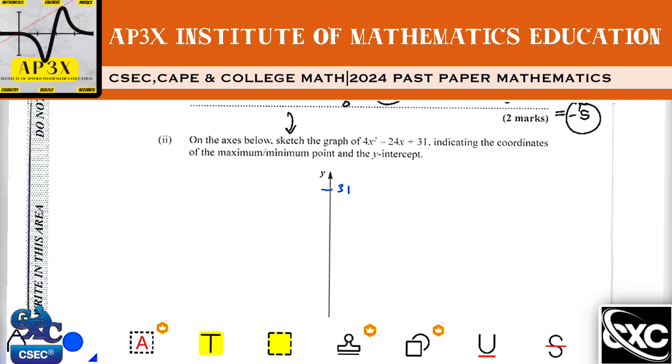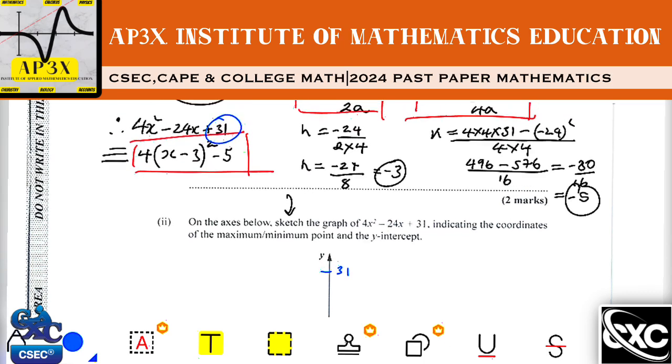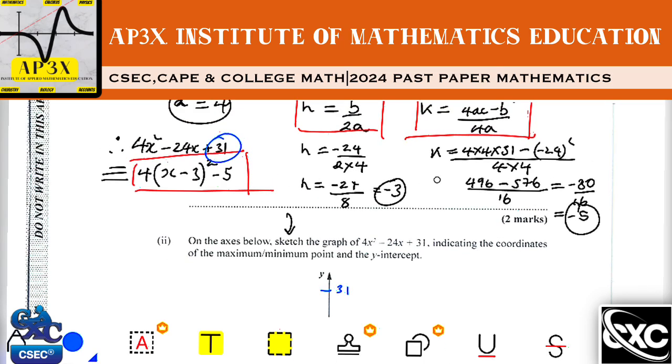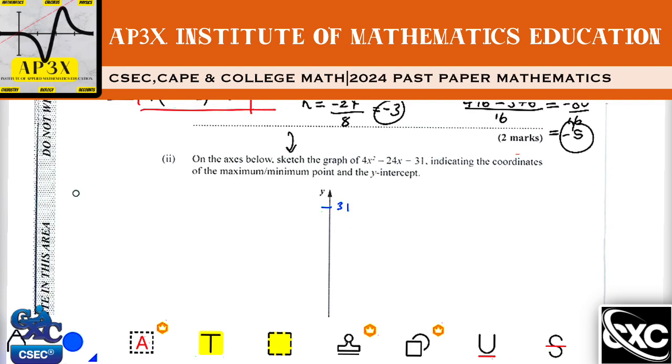And we know that we also need the x-intercepts. These are the things we need to sketch a graph. We're going to need the x-intercepts, or what they call the roots of the equation.